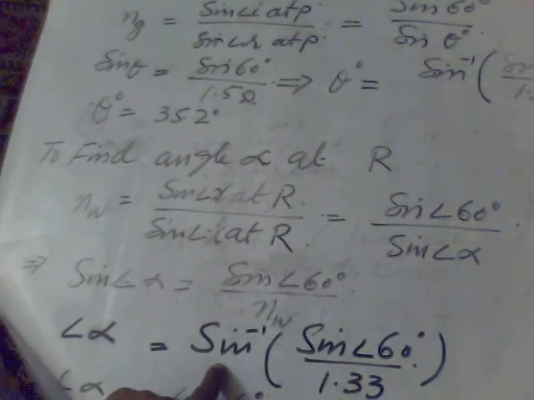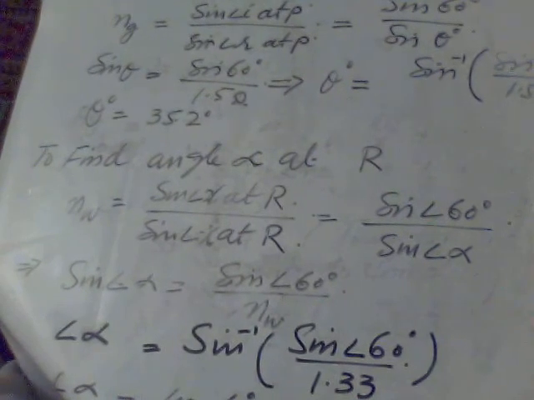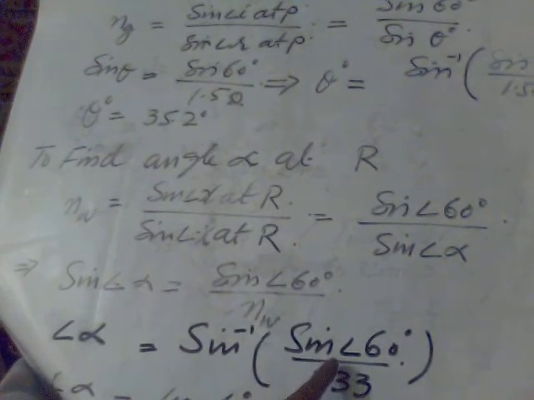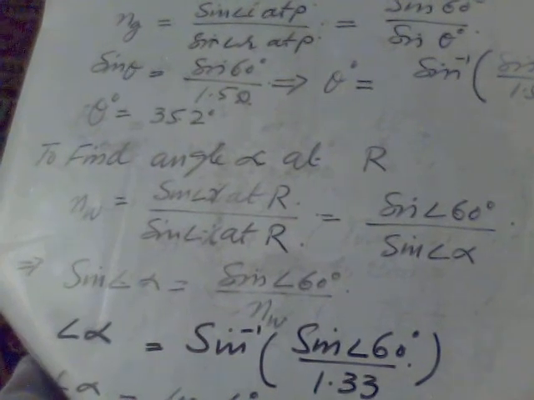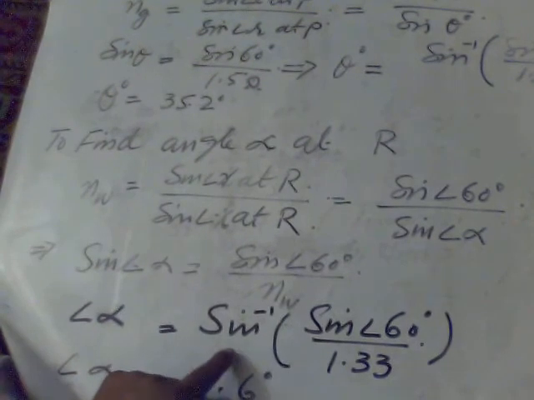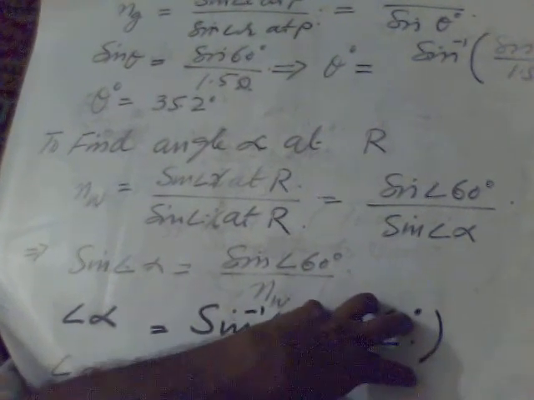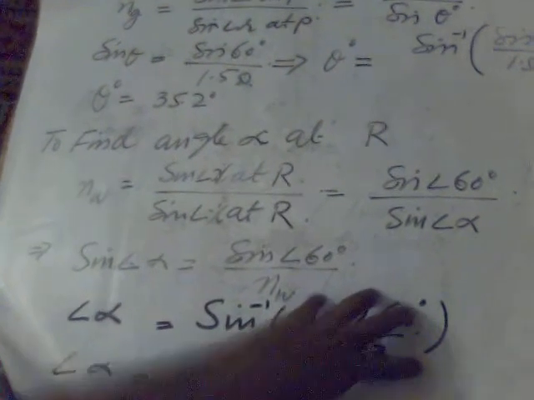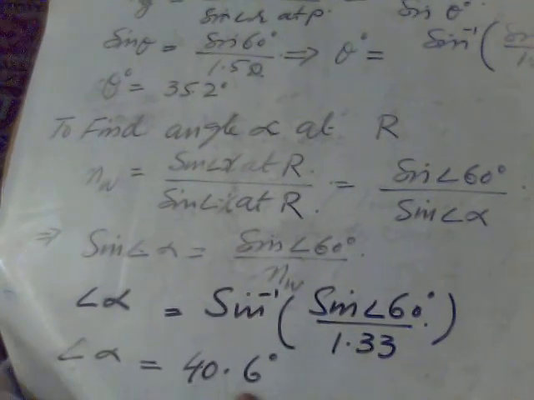Inverse sine of the rest of the value, sine 60 divided by 1.33. First we put the value of sine 60 in the calculator, then divide it by 1.33. After that, with the help of the calculator, we find the inverse sine of that value. It comes to 40.6 degrees.